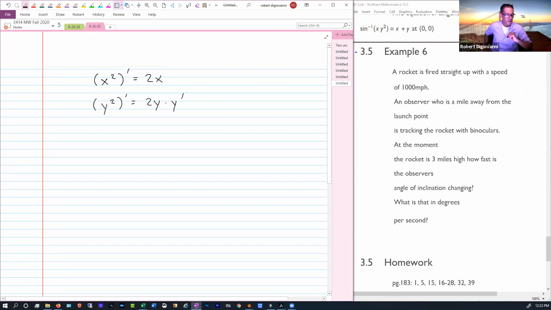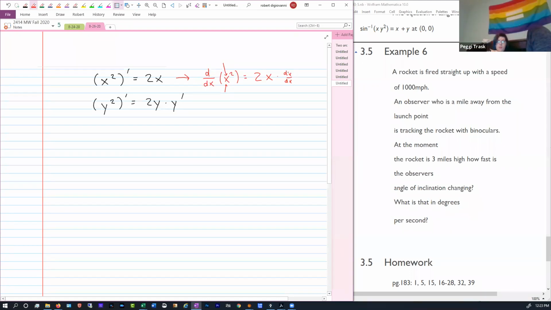And the reason is that we were implying, we never said it, that we were taking the derivative with respect to x. So when you take derivative, the 2 comes down times x, but then you're supposed to take derivative of what's in here. And what is the derivative of x with respect to x? 1. It's just 1. And that's why your answer here is 2x.